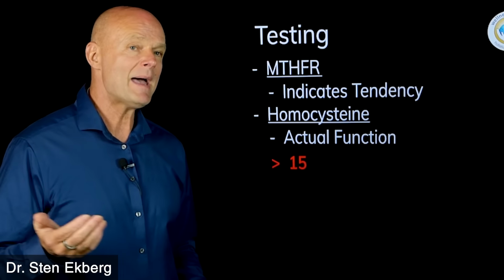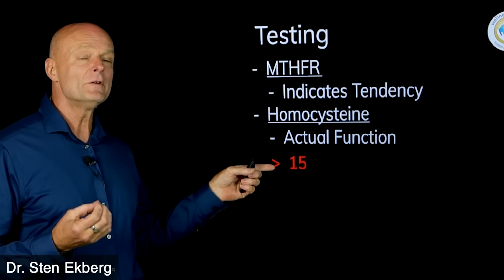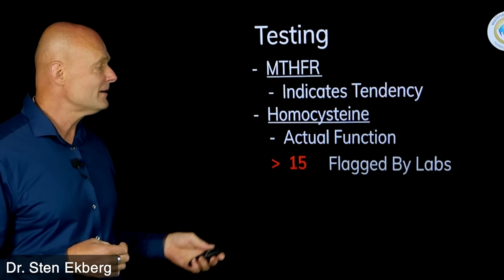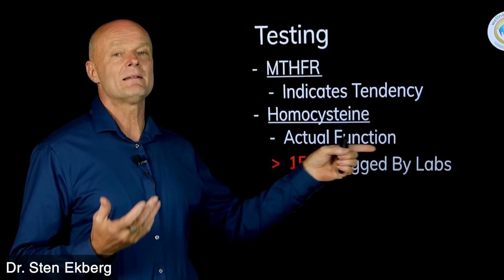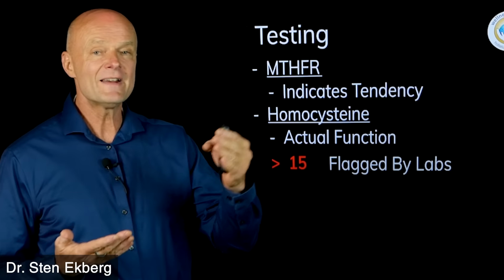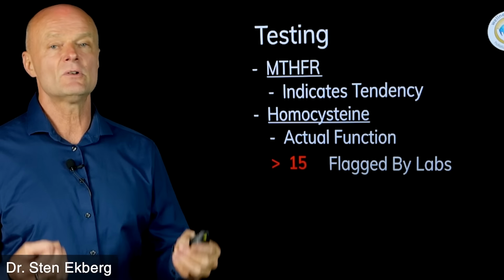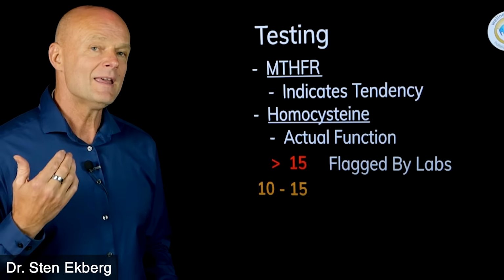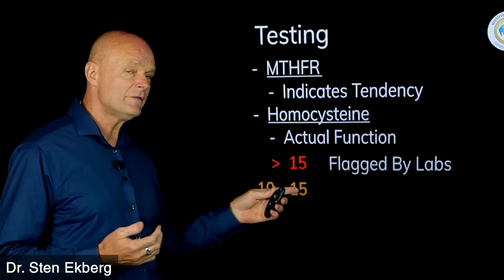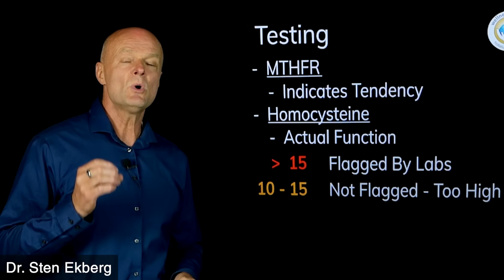If you get the test back and it's above 15, then it's going to get flagged by the labs. It's considered very high. You're at high risk, and even the standard labs are going to flag it. If you're a little bit lower, between 10 and 15, you're still too high.